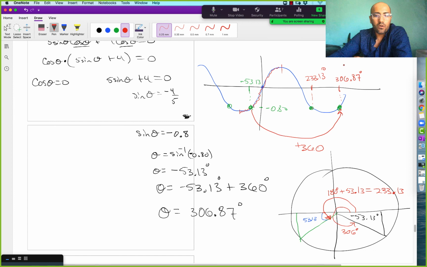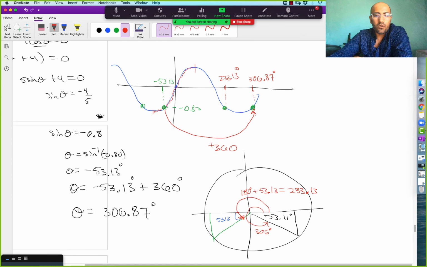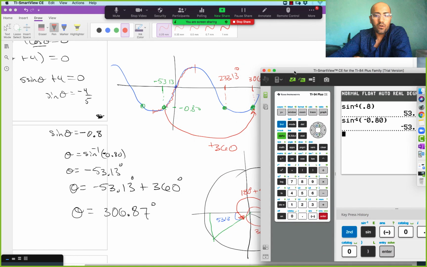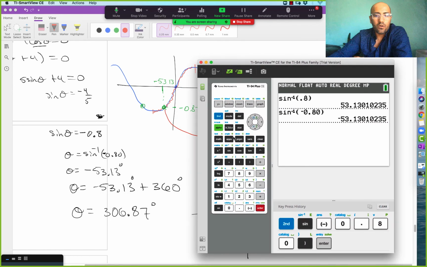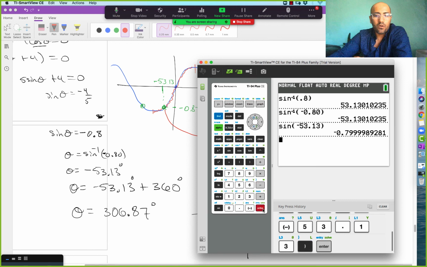Good. And we can check them with our calculator to confirm that that is true. So it must be true that sine of negative 53.13 is approximately negative 0.8, with rounding in mind.